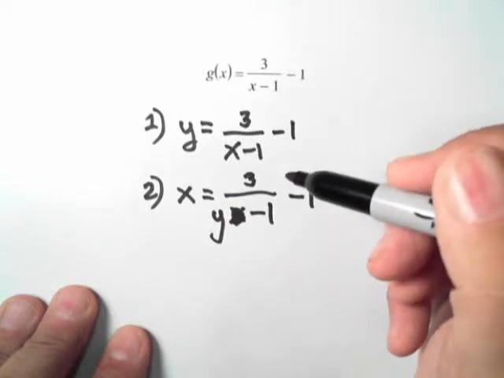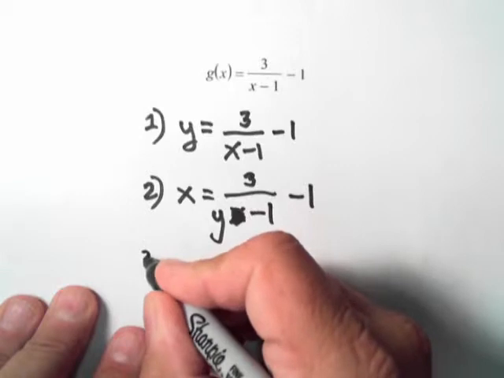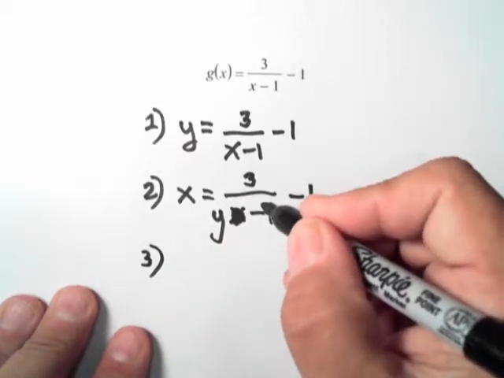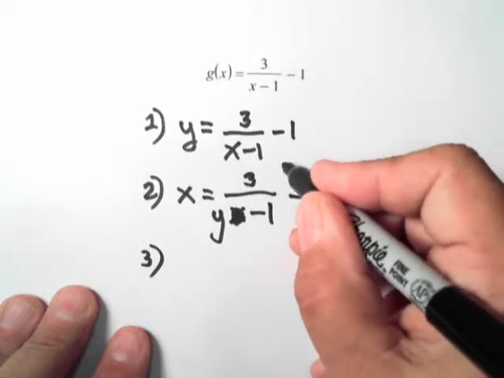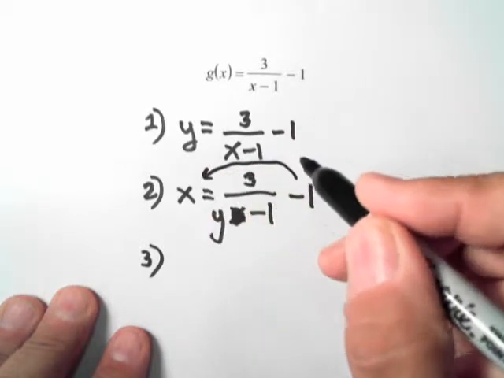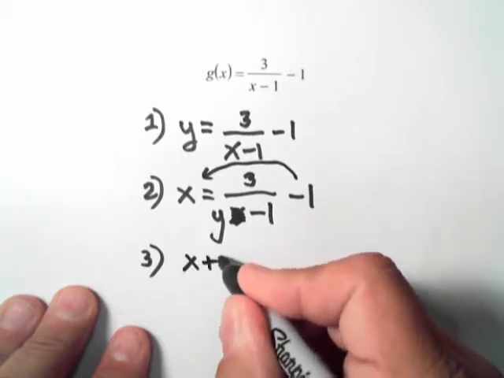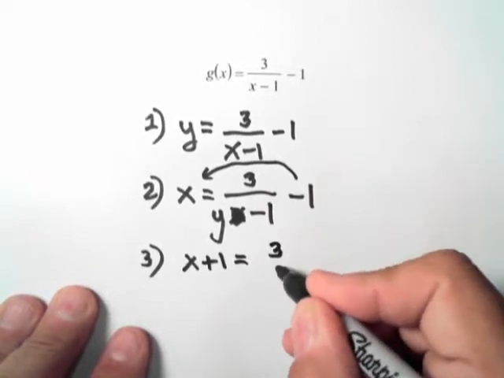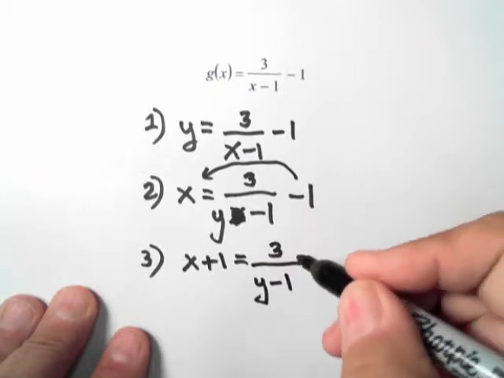Okay, now, here we go. What we want to do is now solve for y equals on this. Well, here's one of the things that we can do. This negative 1, I can jump over to this side and make this x plus 1 equals 3 over y minus 1. Now, what am I up to?